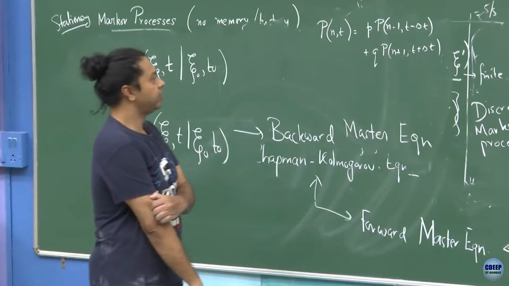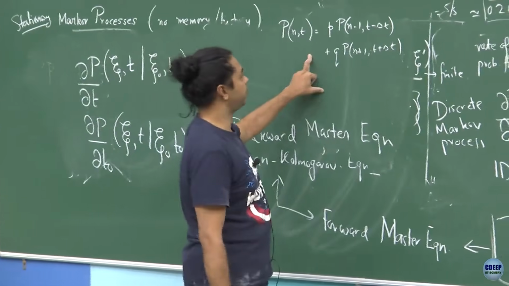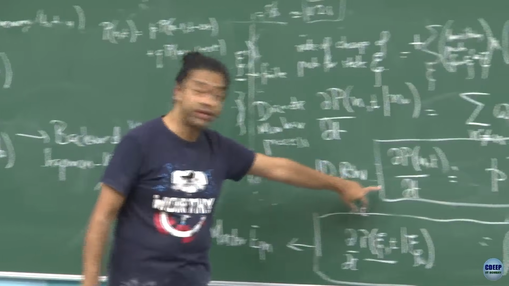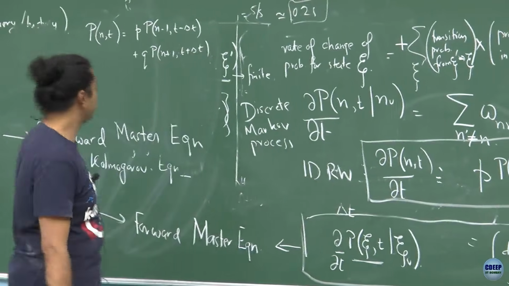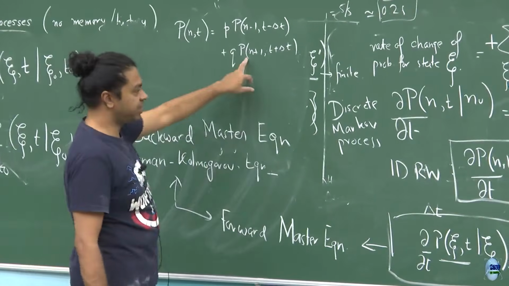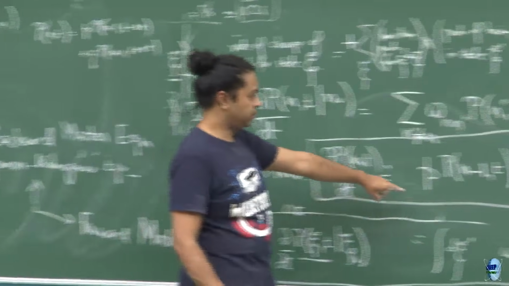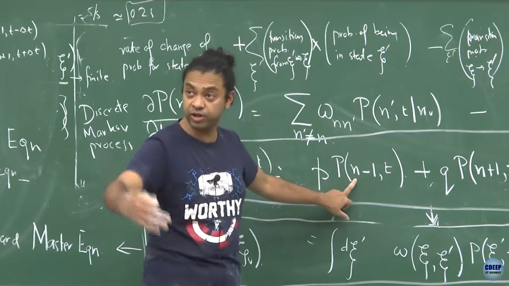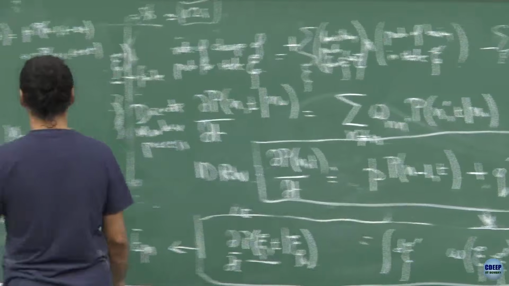So, we had this. You can take a Taylor series expansion with respect to time and get this, which is your master equation. But here my space is still discrete. So, this is still a discrete Markov process, where I have discrete jumps, discrete hops between indices.